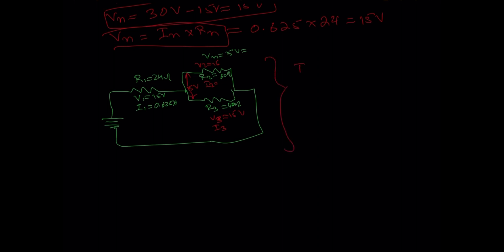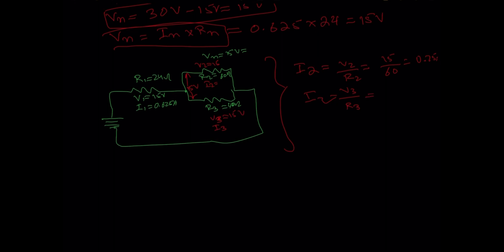I2 will be equal to V2 over R2. I3 will be equal to V3 over R3. V2 is 15 divided by R2, which is 60. 15 divided by 60 will give me 0.25 amps.